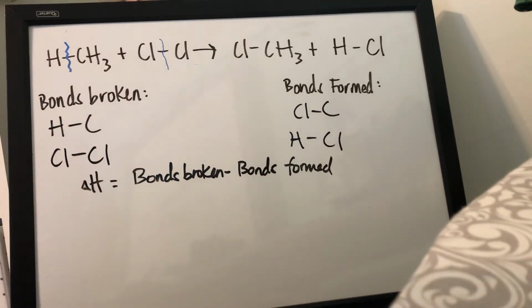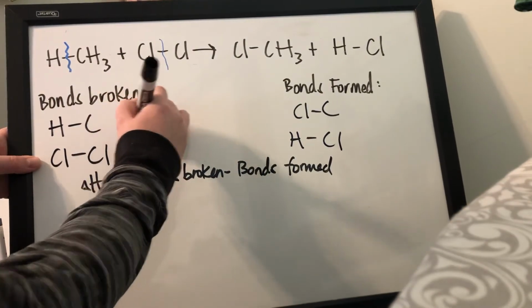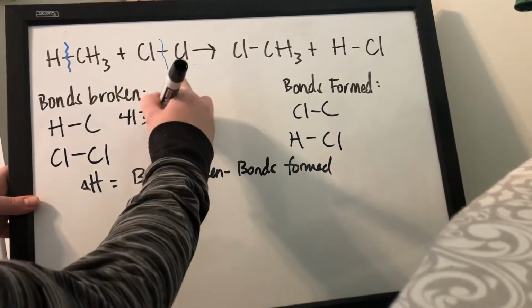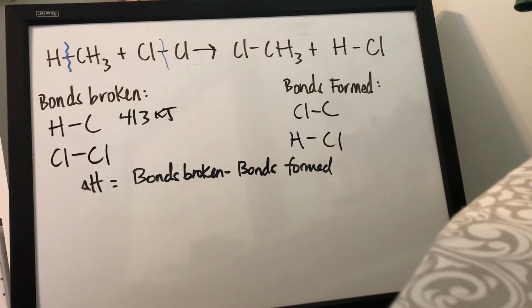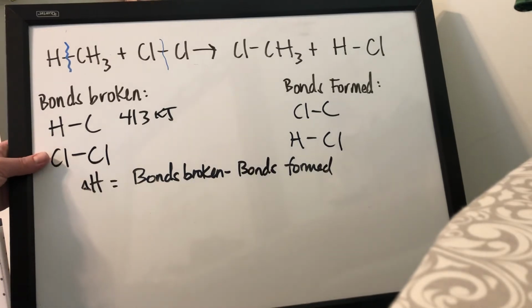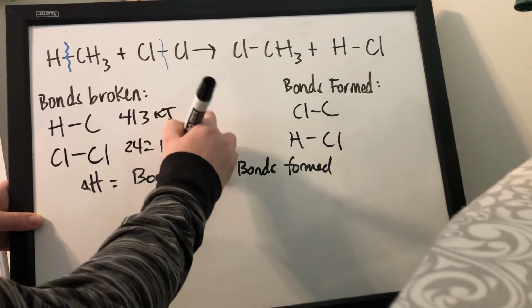So we look up a carbon-hydrogen bond, and we see that it is 413 kilojoules per mole. We only have 1 carbon-hydrogen bond, so it's just going to be 413. If we had 2 carbon-hydrogen bonds, we'd have to double that number, and that's going to come up later in your packet. Then we look up the chlorine-chlorine single bond, 242 kilojoules.